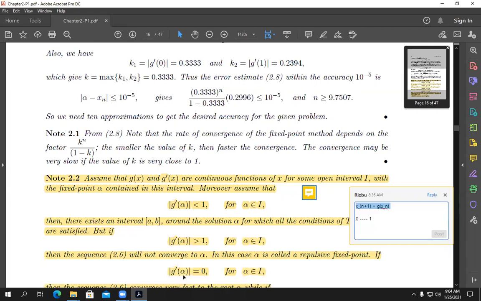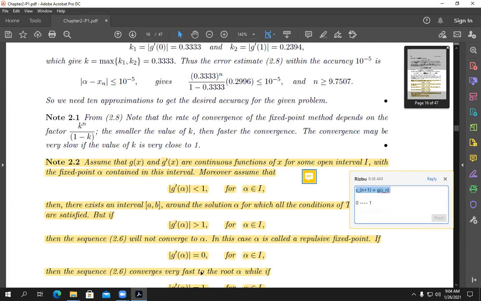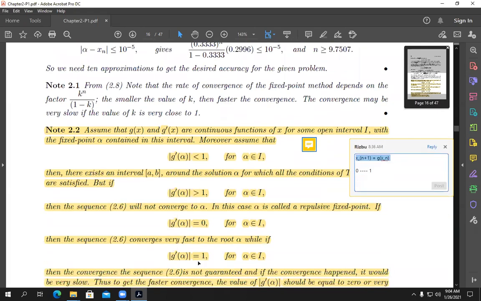And third condition: if g dash alpha is equal to 0, then the method will converge very, very fast. And if g dash alpha is equal to 1, then we have no guarantee the method will converge or maybe diverge. But if it converges, it converges very, very slowly.